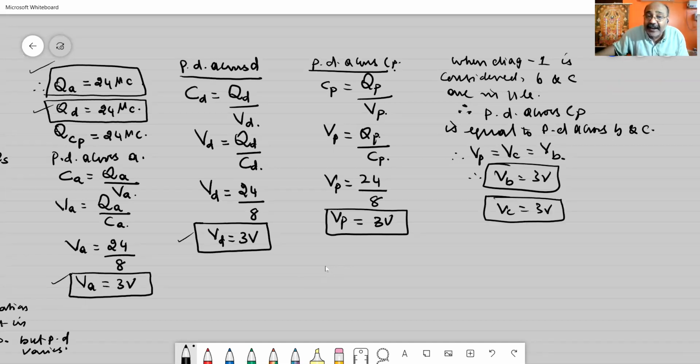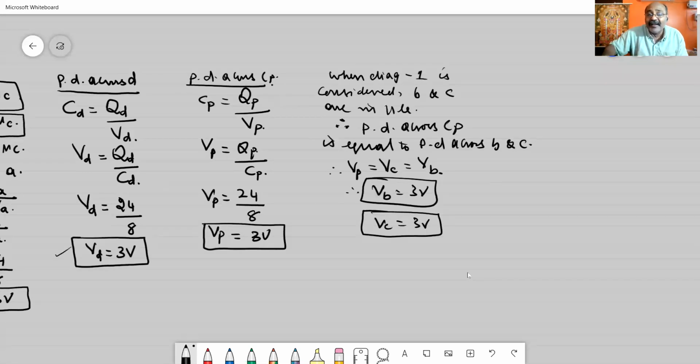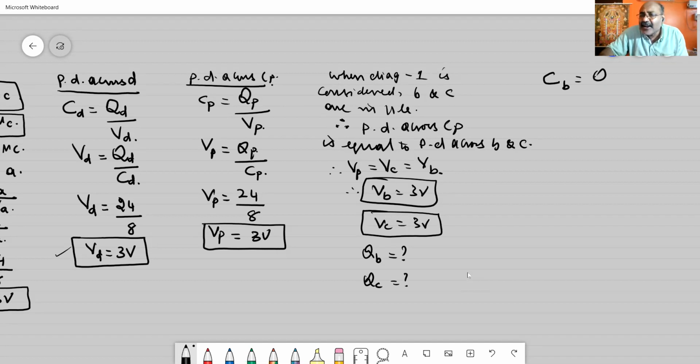So what are we in need of? We are in need of QB and QC. So we have to calculate the value of QB and the value of QC. See, we know the capacitance: CB is equal to, what is C? C is Q by V. We can write QB divided by VB.